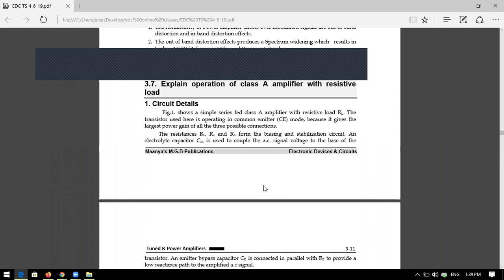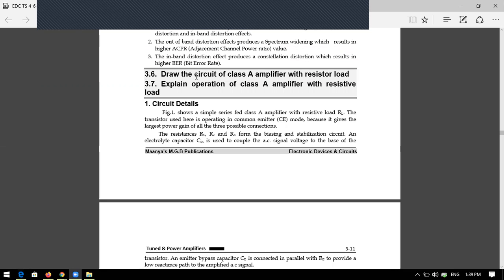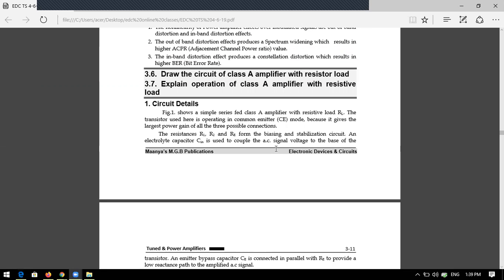So the power gain is 50 into 50, that means 2500. So 2.5 kilowatts of power you can easily deliver by CE mode. That is the reason they are using the CE configuration in a class A power amplifier.